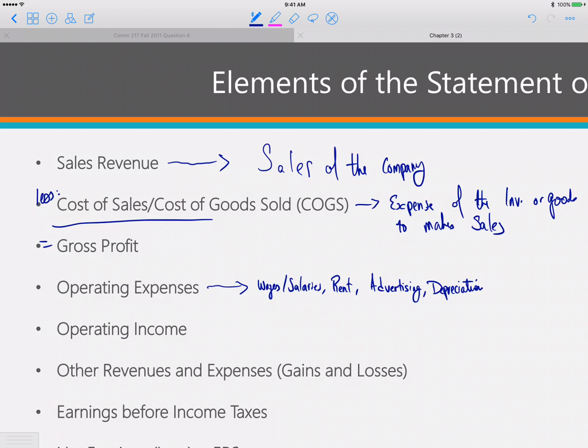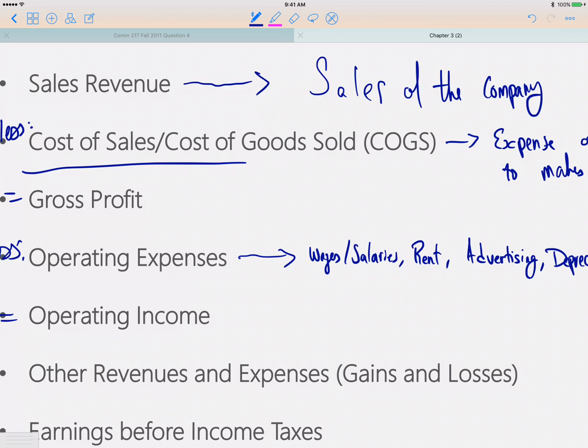So when we have our gross profit less our operating expenses, that gives us our operating income. That is our income after we've paid off our inventory and after we've paid all of our regular expenses. Another term for operating income, which you may have heard, is EBIT, which is our earnings before interest and taxes.